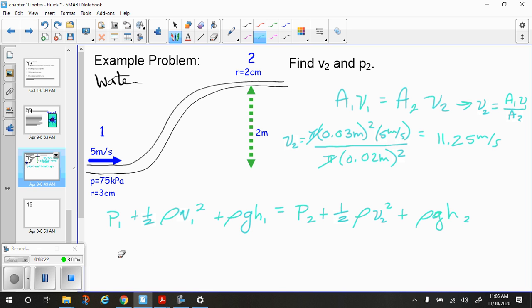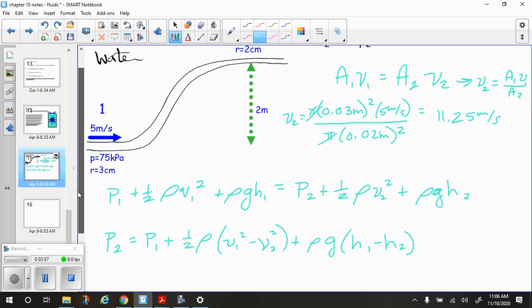Okay, so we get P2 is equal to P1 plus 1/2 times the density times V1 squared minus V2 squared, plus density times g. Goodness. Oh, that's not quite what I wanted to do, but that's okay. All right, density times g times h1 minus h2.